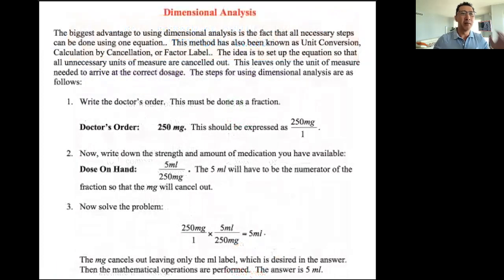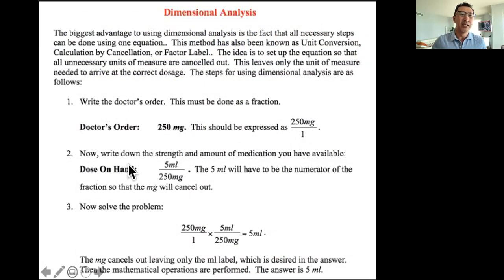So here's another example of the dimensional analysis. And there's a lot of text there. You guys can read that. But write the doctor's order. This must be done as a fraction. Doctor's order, 250 milligrams of something. So we have 250 milligrams over 1.